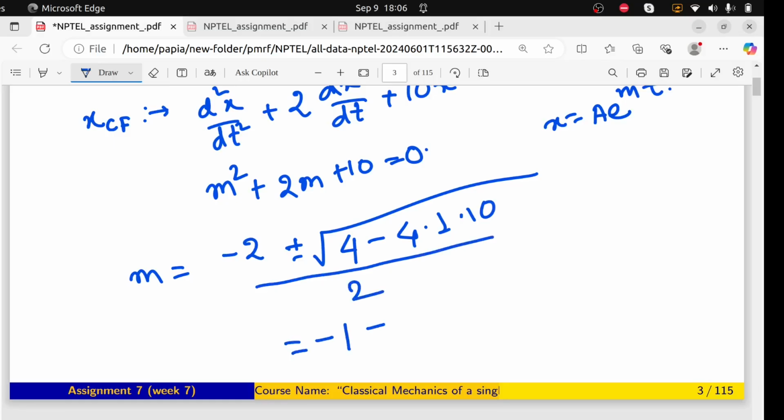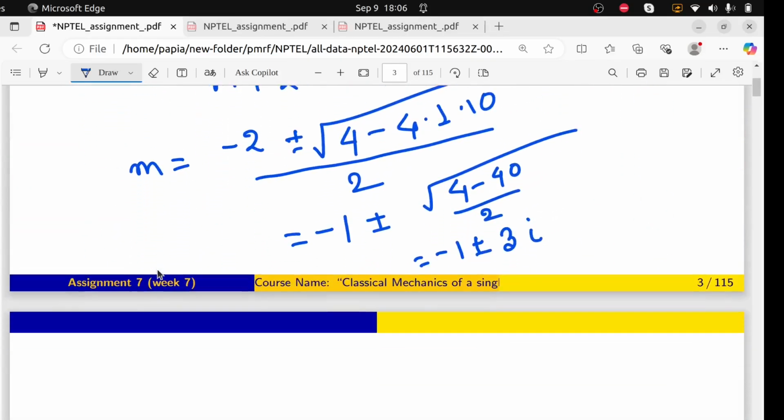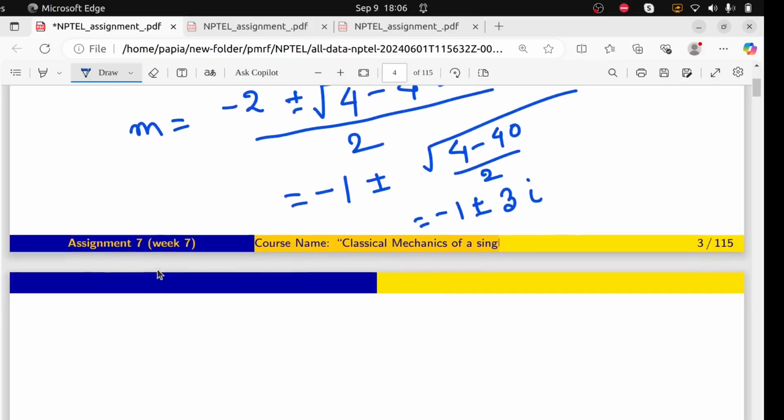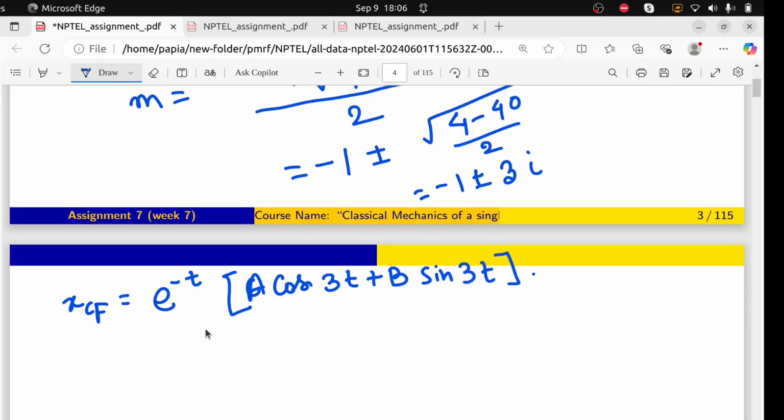So it is minus 1 plus or minus root of 4 minus 40, divided by 2, which is root of minus 36, that means 6i, so m equals minus 1 plus or minus 3i. So I can have x_CF as e to the power minus t times (A cos 3t plus B sin 3t). This is my x_CF.